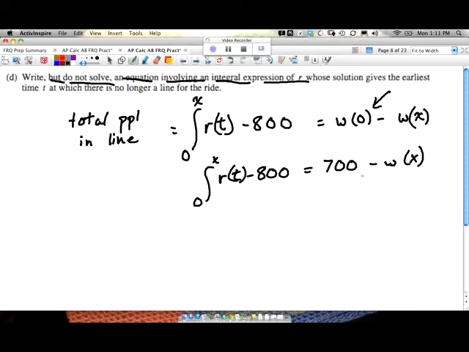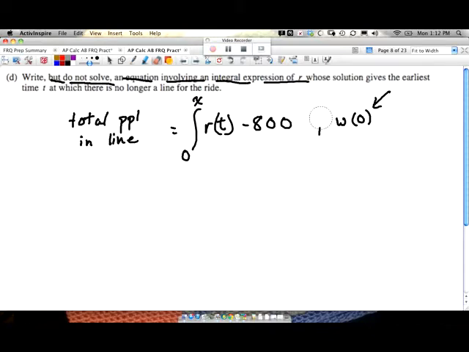Whenever this does equal 0, whose solution gives the earliest time at which there is no longer a line. Okay, so this is going to be equal to W of 0 minus W of x. So this means that W of x, let's see if we can rework this a little bit, our total people waiting in line is just this plus W of 0.